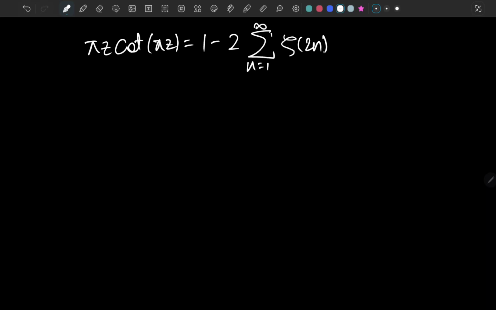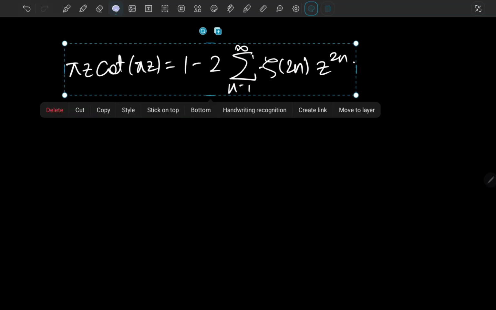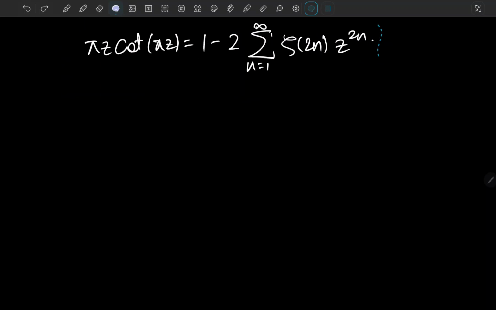It's this one: pi z times cotangent of pi z equals 1 minus 2 times the sum as n goes from 1 to infinity of Riemann zeta of 2n times z to the 2n, right? So basically, we are using this equation continuously, I would say.